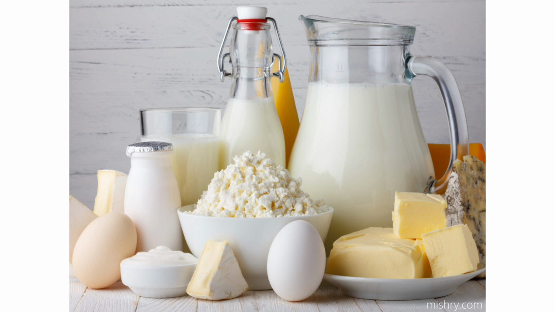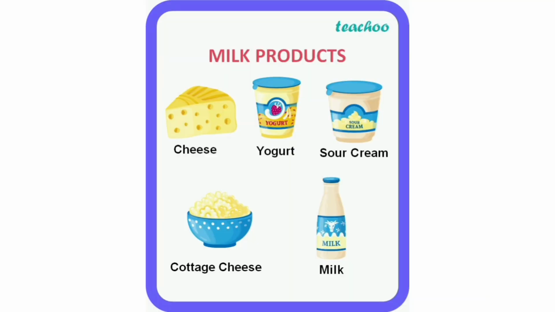Do you know why it is done? It will increase the durability of the product, that is milk. Yes, it increases the durability as well. The price also gets higher, and we also get different products of milk. Under which occupation does this come? Secondary occupation.